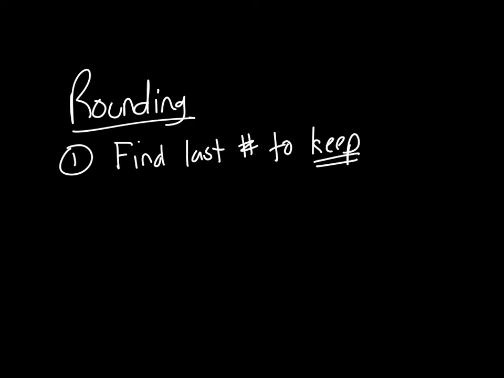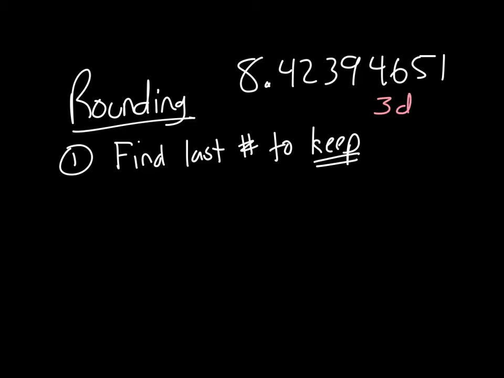If you're looking for the third decimal, let me get a number here, 8.423.94651. Calculators sometimes will spit out some ugly numbers like that. We don't really care about all of those. So let's say the question says that you want to round this to 3 decimal places. Then the last number that we really want to keep is that 3. So there it is. I found it. Did you see? I found the 3. Okay, there's our last number that we're going to keep.